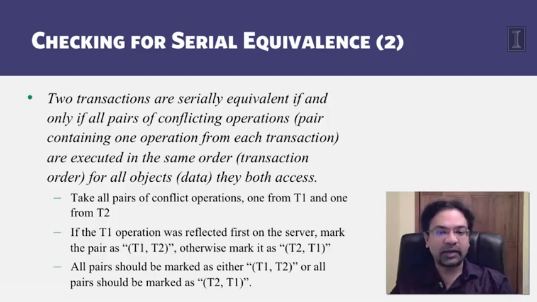Essentially we're saying that if it's all T1 T2s, it is equivalent to the make-believe scenario where T1 executed completely first and then T2 executed. If there are some pairs which have T1 T2 and other pairs that have T2 T1, then these two transactions, or rather their interleaving, is not serially equivalent.